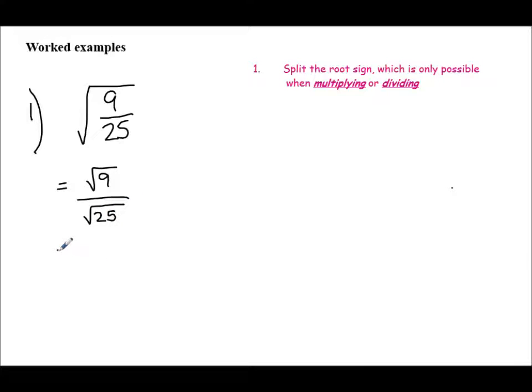Now you square root each of those independently. The square root of 9 is 3, because 3 times 3 is 9, and the square root of 25 is 5, because 5 times 5 is 25. Square root both the numerator and the denominator.